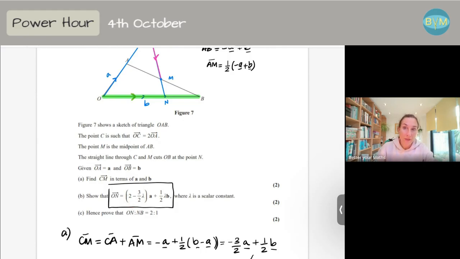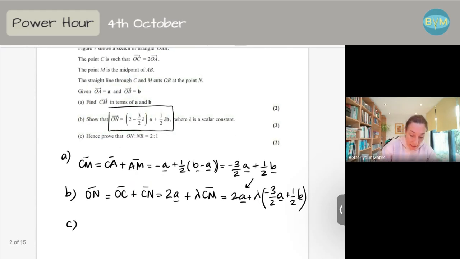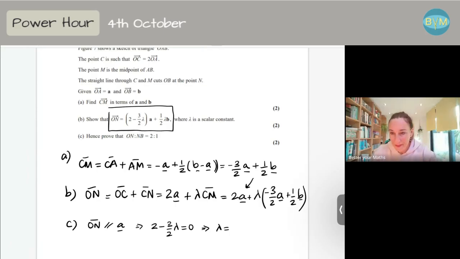That's how these questions work. So because ON is parallel to B, that means that 2 minus 3/2 lambda is going to be 0. The A component is going to be 0. And that means that lambda is going to be 4/3.